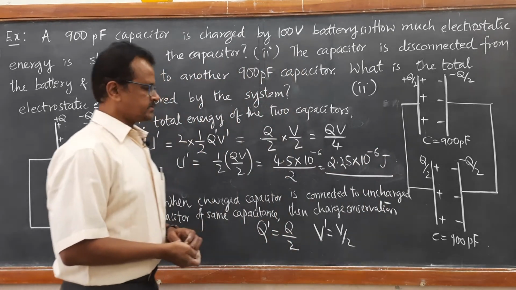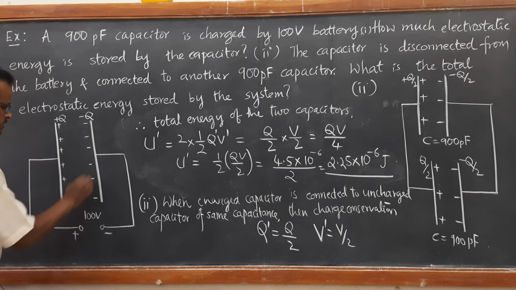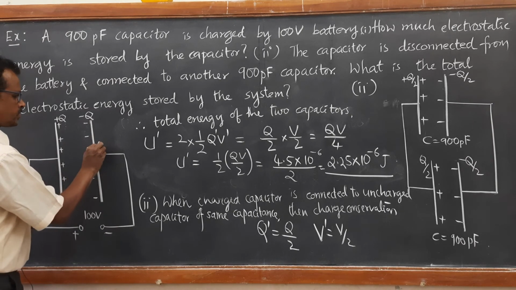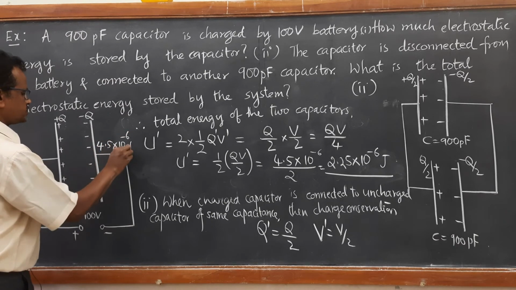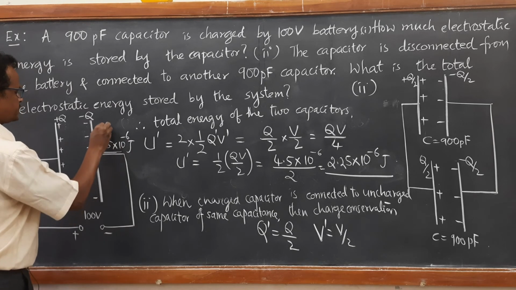This is interesting. When it was only one capacitor, fully charged, its potential energy we got as U equal to 4.5 into 10 raised to minus 6 joules. This is U for a single capacitor.